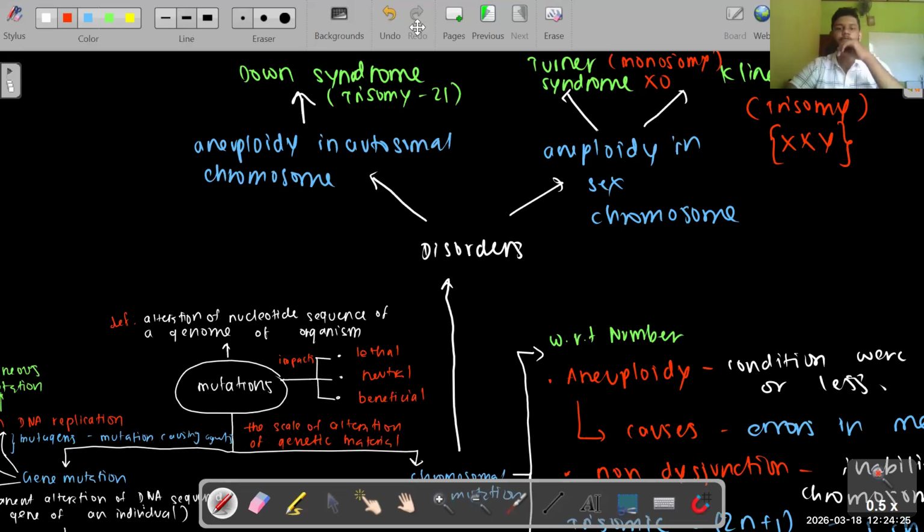They have given a term for the XO genotype. Can you remember? Viable monosomy, right? I would have the space to mention it as viable monosomy. So this condition is monosomy. This genotype XO means viable monosomy.